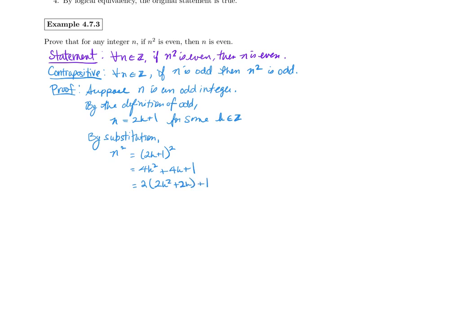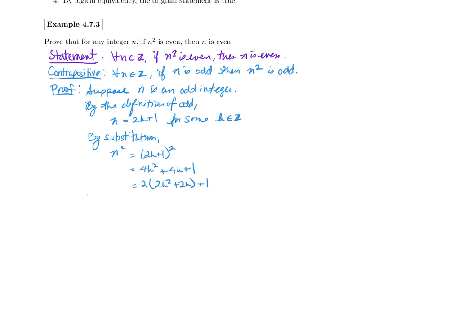I will say this is often where I find students making a small mistake. I'll have students who will factor out a 4 here instead of a 2, and they'll go, but 4 is even. 4 is not the definition of even. The definition of even is 2 times an integer, not 4 times an integer. So make sure that whatever you're going to do here, if you're trying to prove now that n squared is also odd, you need to factor out only a 2 because we need it to be in the form of 2 times an integer plus 1.